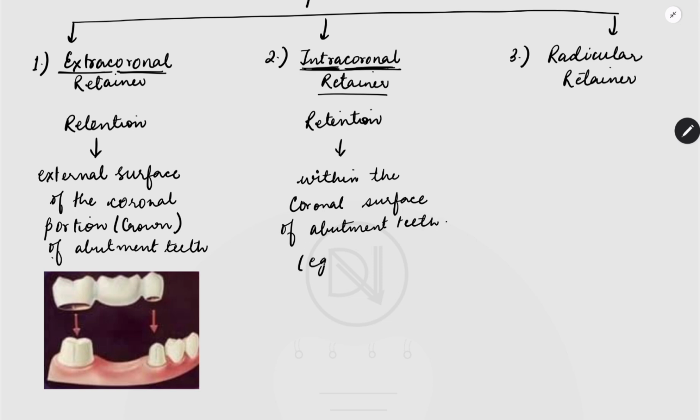Examples here are your inlay and onlay. And for the extracoronal retainer, the examples are your full veneer restoration, full veneer retainer you can say, or you can also call the partial veneer retainer.